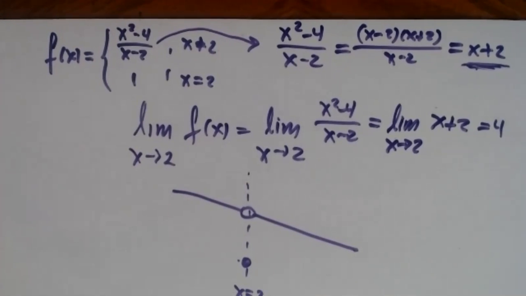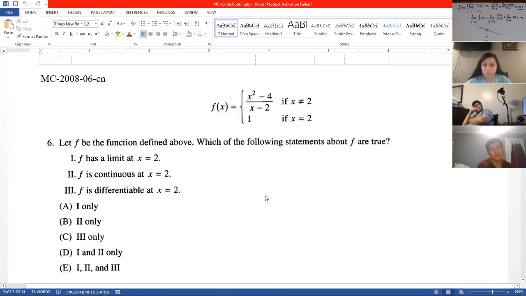Now, according to this situation, right? Let me just go back to the paper. Which one is true? 1. What about 2? No, it's broken. And what about 3? No, it's a point.